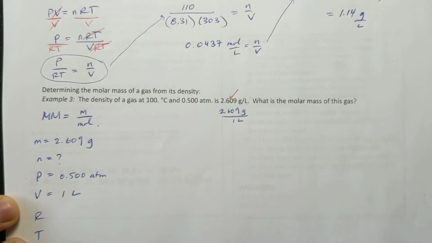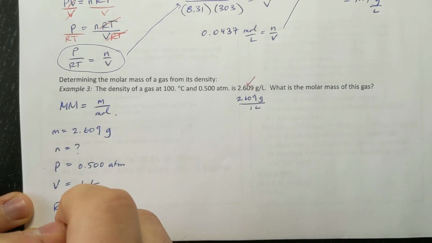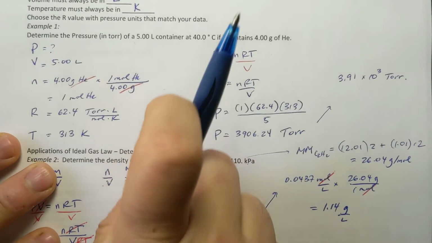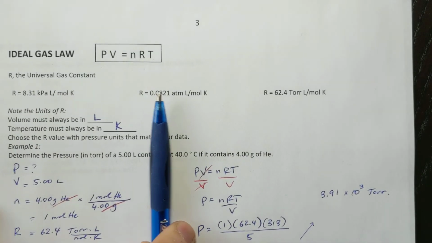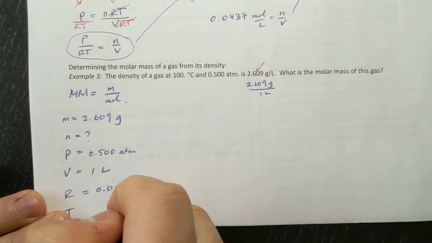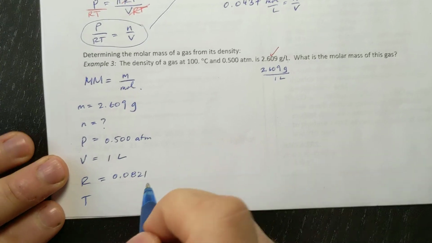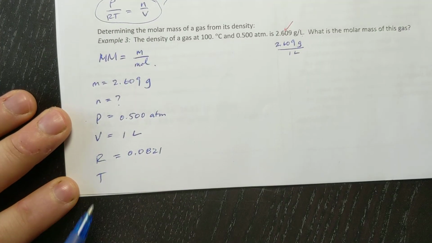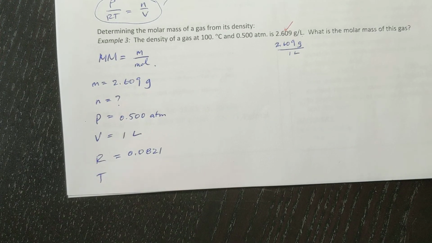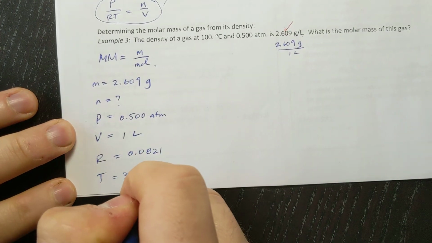So volume is 1 liter. R in this question, because it is in atmospheres, I'm going to have to use atmospheres right up here, 0.0821. That's my R value. And the temperature here is 100 degrees Celsius. So that's 273 plus 100. That's 373 Kelvin.